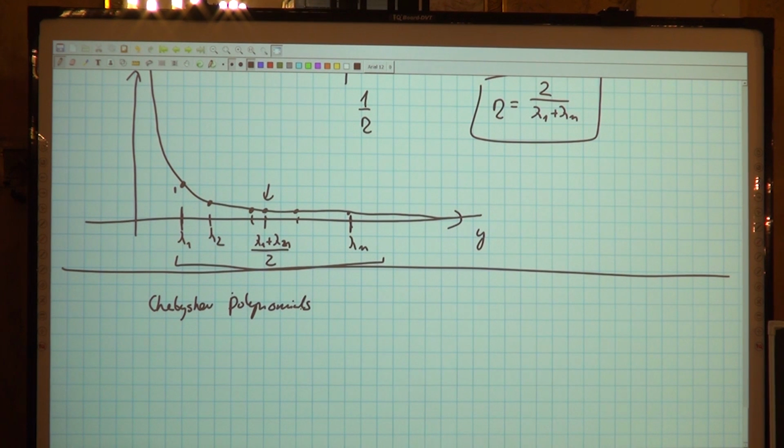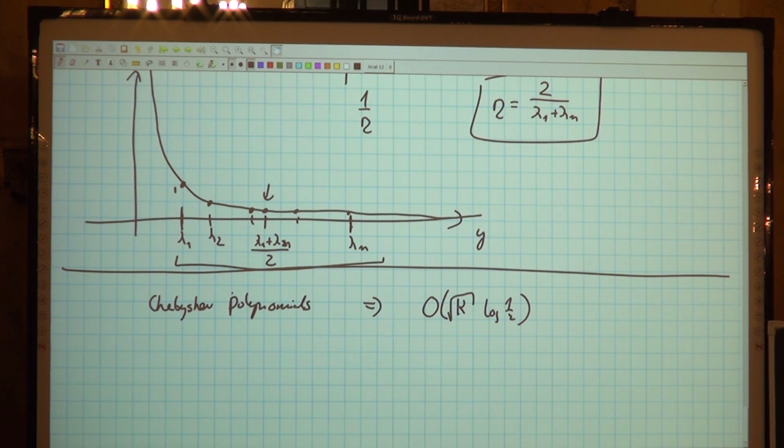Okay, and again, in the notes it is explained more. But the bottom line is that when you use Chebyshev polynomials, you go from the kappa log 1 over epsilon dependence to actually square root of kappa. So you are getting this square root of kappa, and this is actually huge.